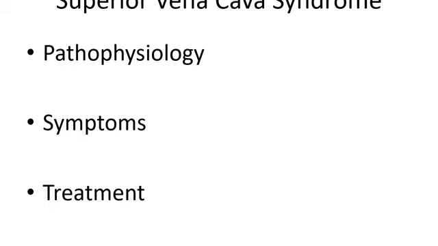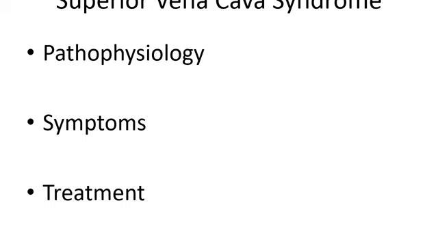So they may start off with some edema of the face, especially around the eyes, something called Stokes sign, where because of the engorgement of their veins in their neck, their blouse or shirt collar becomes tight.